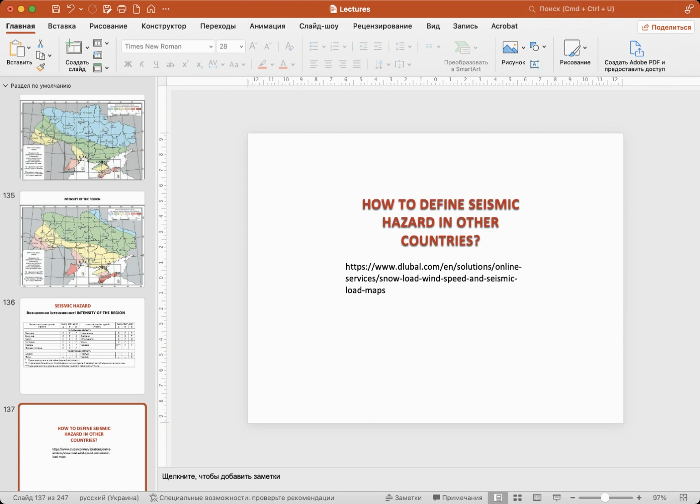For those cases, for example, when we are designing something in Europe or elsewhere, we have to use local building codes, but we can also use the software Global or its online service, and I'll show you how we can use it in our practice.